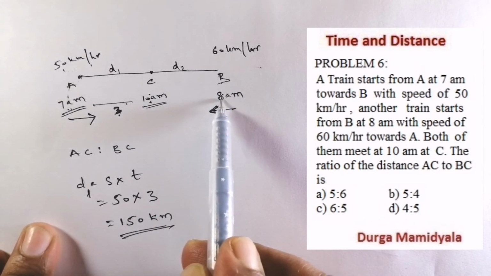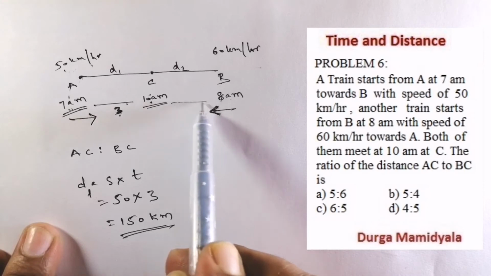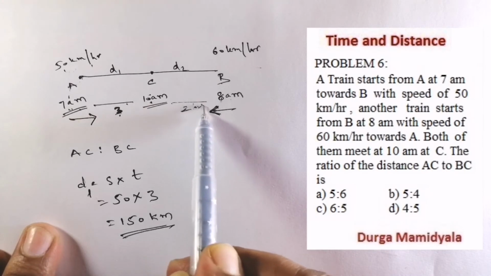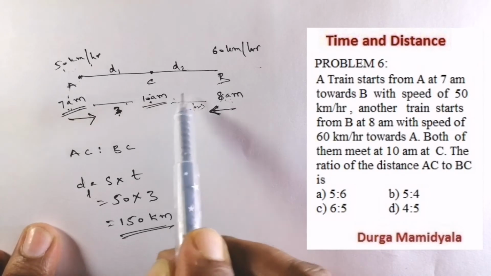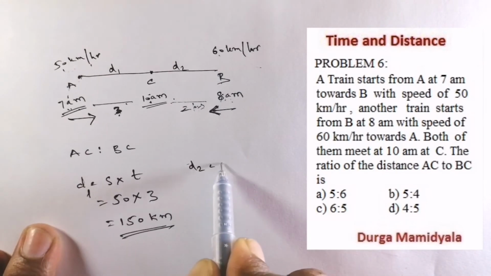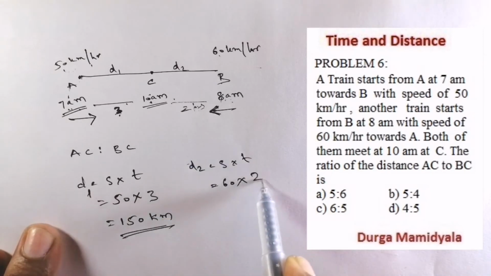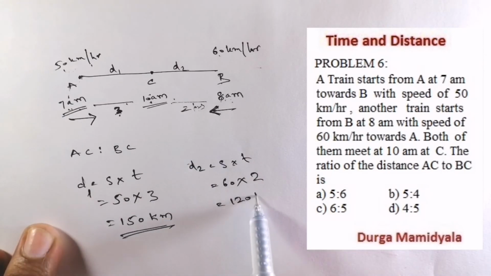Now in the same case here, it started at 8 a.m. and it has traveled for 2 hours, that is up to 10 a.m. So for 2 hours it has traveled with what speed? 60. So what is D2? It is S into T. The speed is 60, and the time is 2. That is 120 kilometers.